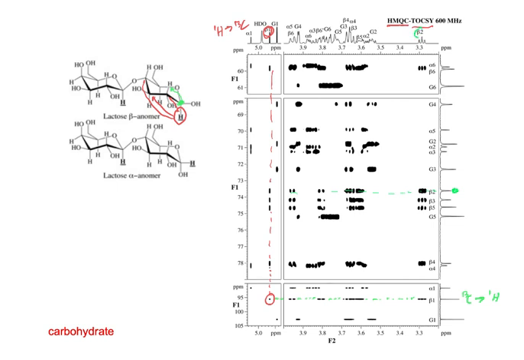So here's beta 2, and if we go this direction, we're seeing all the same ones as we saw over here. Right, so it's really able to pull apart, and even though there's a ton of overlap in the proton NMR, there's not so much in the two-dimensional spectrum.